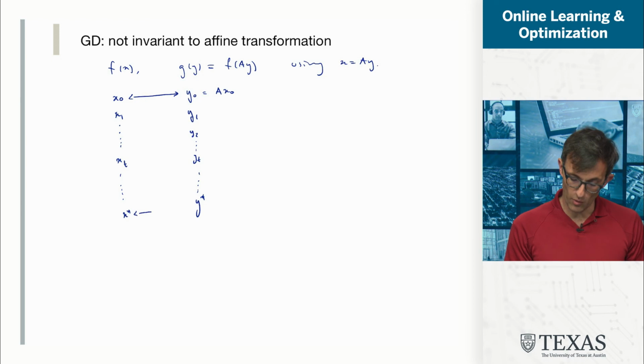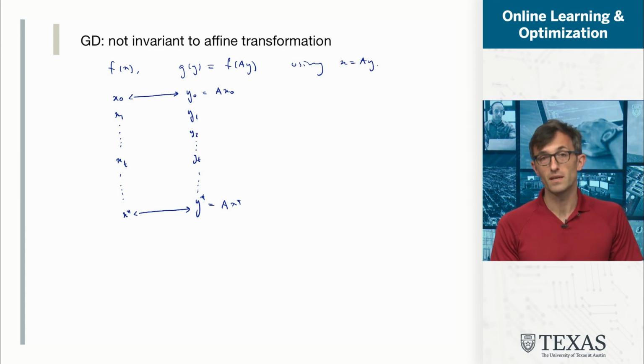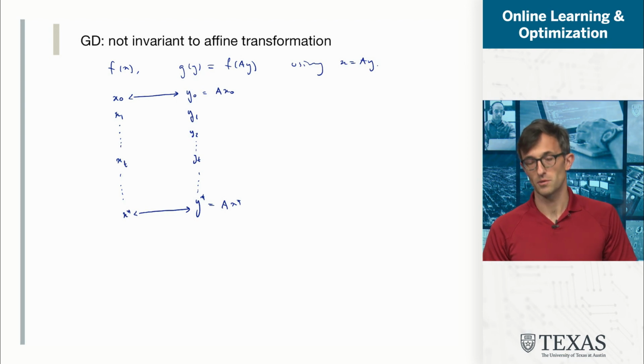X star and y star are linked because y star is equal to a of x star, but the intermediate trajectory will be different. In fact, we just saw that. We saw that in the trajectory for g in this particular example, already at y1 we were at the optimal solution, whereas x1 was not at the optimal solution. It'll take several steps in order to get to the optimal solution.